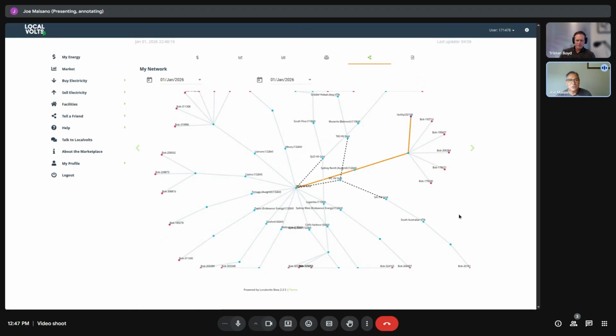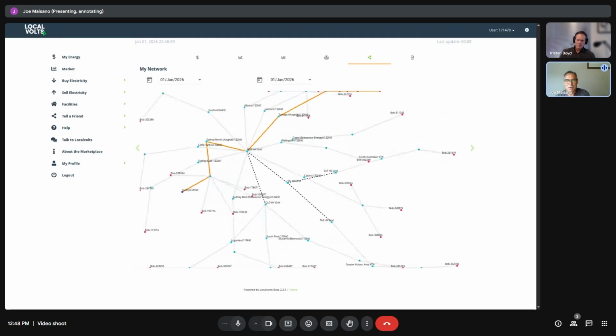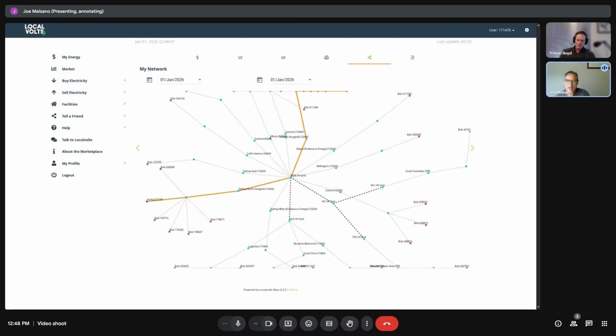So it's a good educational tool too when we talk about the grid, or what's the New South Wales price. Every price at every point here is different, and that's the way the national electricity market works. So it gives a little bit of insight into the transmission lines and distribution lines that power is going across, and what's happening.